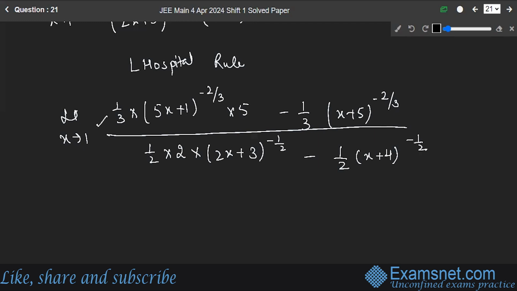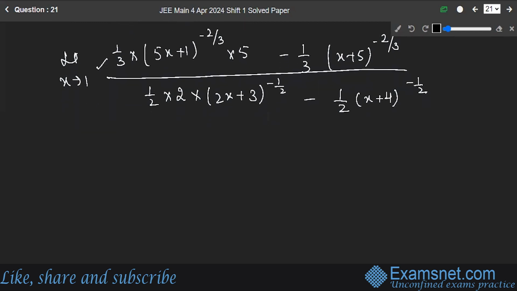Now let's put x approaching 1, let's fill in this value. What you will get over here is 5 by 3 minus 1 by 3. On solving this whole thing, you will get this.